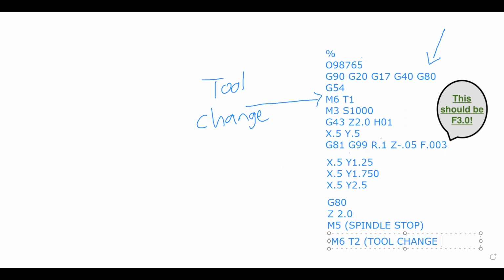Tool change, T2. Okay. So after calling up T2, tool 2, we can fall in line with the beginning of our program again.